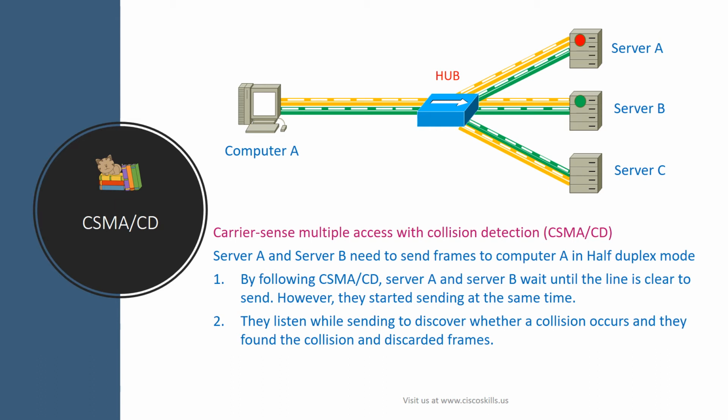To understand the CSMA/CD algorithm in detail, let's look into our example where server A and server B need to send frames to computer A in half-duplex mode. By following the CSMA/CD algorithm, server A and server B wait until the line is clear to send.